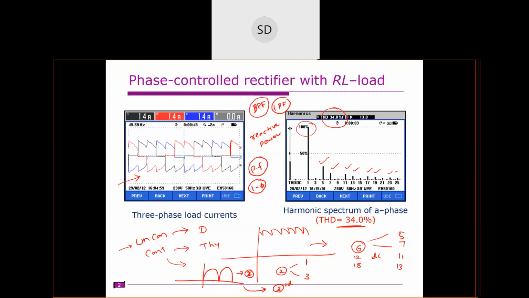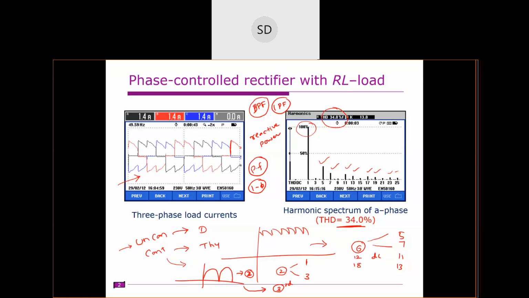Power factor between only the fundamental components. Yes, that is the power factor between the fundamental current and voltage. We assumed that the voltage is sinusoidal, so only the current is nonlinear. So the displacement power factor is the cosine of the angle between the source voltage and the fundamental source current.